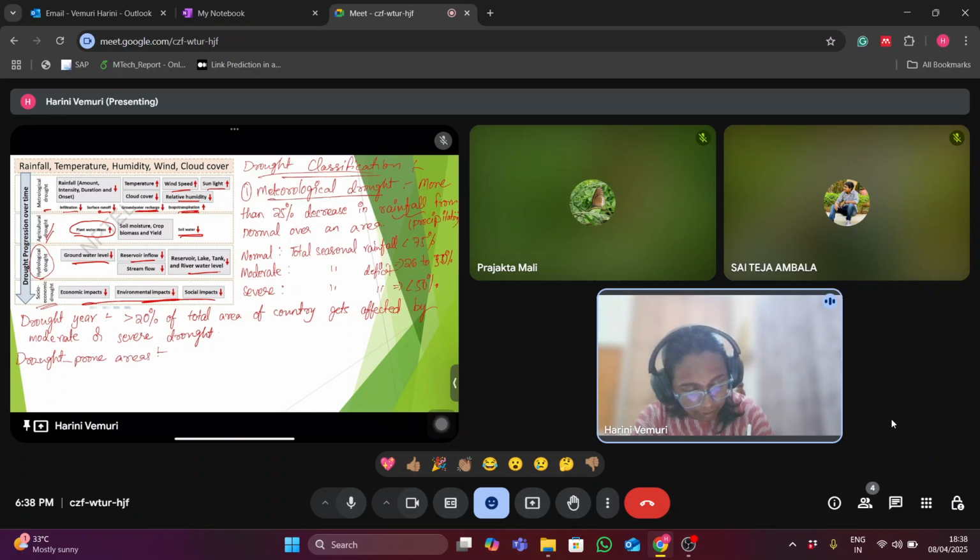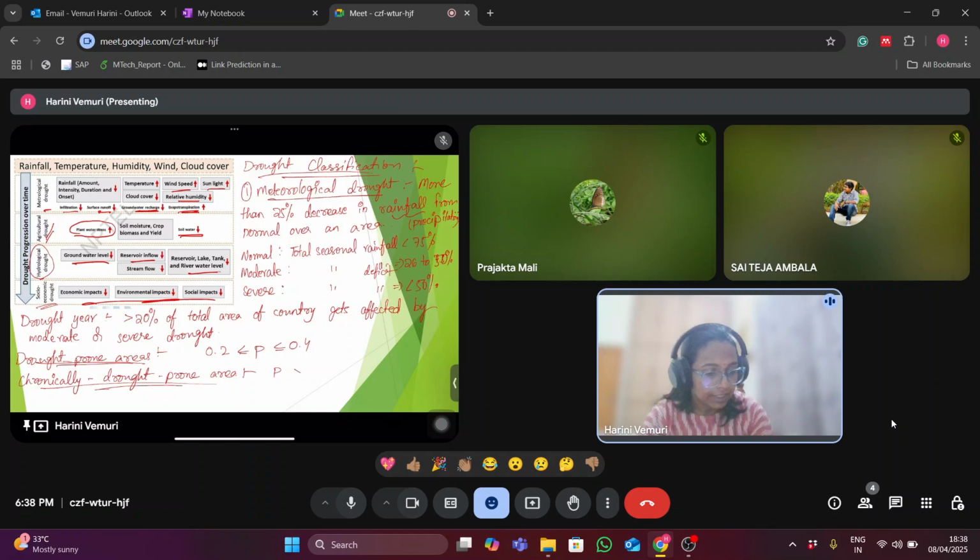If the probability of a drought occurring in the area is between 0.2 to 0.4, then it is considered a drought prone area. There is another term, chronically drought prone area. In this, the probability of a drought occurring is greater than 0.4.